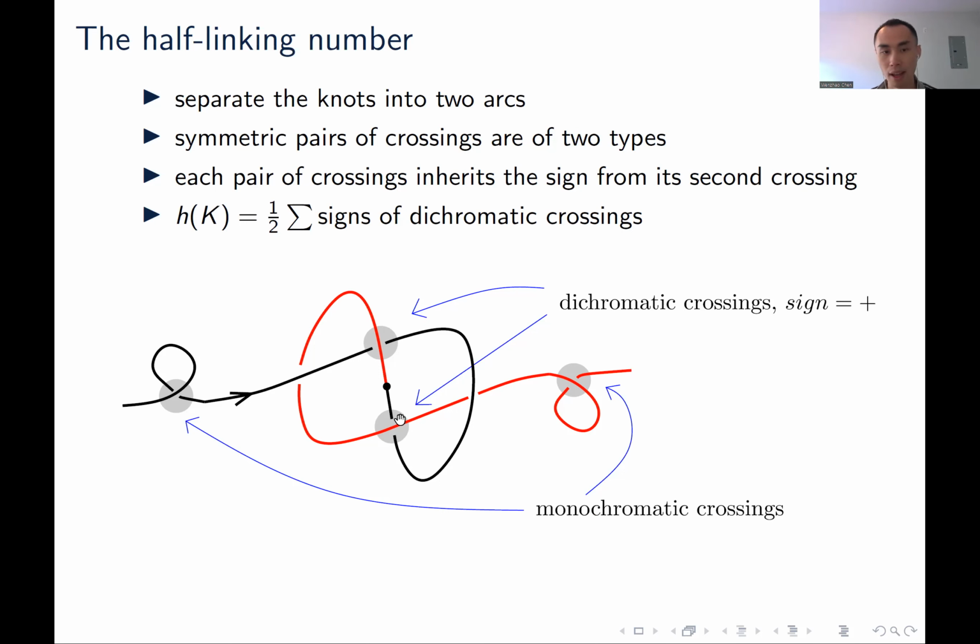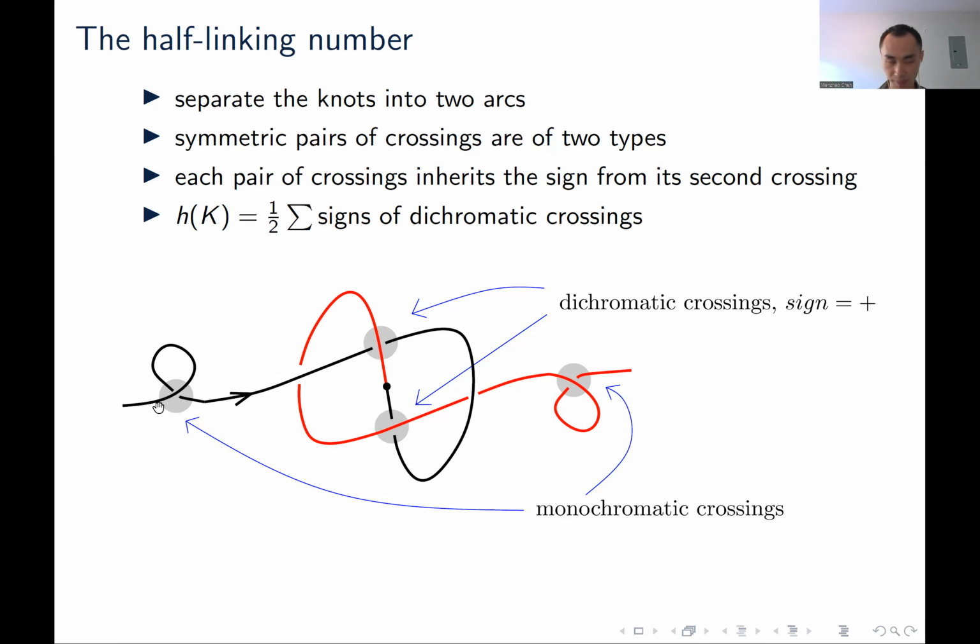The fact that you have 2 arcs, the red arc and the black arc, allows you to distinguish symmetric pairs of crossings into 2 types. For example, the crossing on the far left and the crossing on the far right form a pair of crossings called monochromatic crossings.